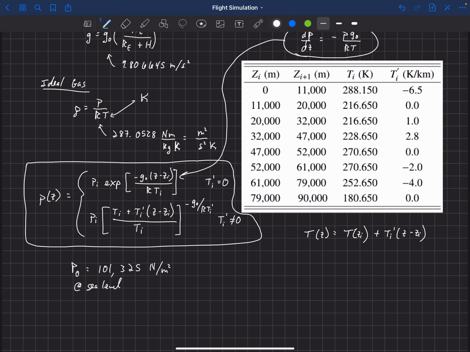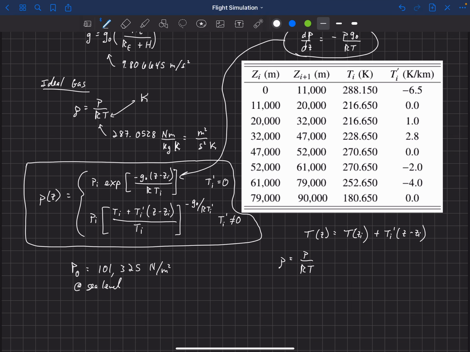Okay, so that's just a linear interpolation of temperature in that region. Okay, so once we have pressure and temperature, then another thing we can compute is density. So density, we can get that from the ideal gas law, and that's simply the pressure divided by R, which we've already defined, and T, the temperature.